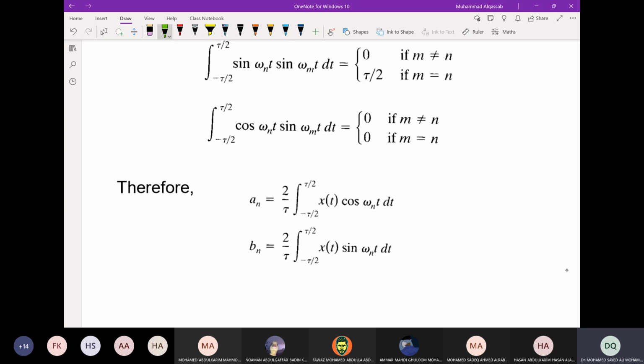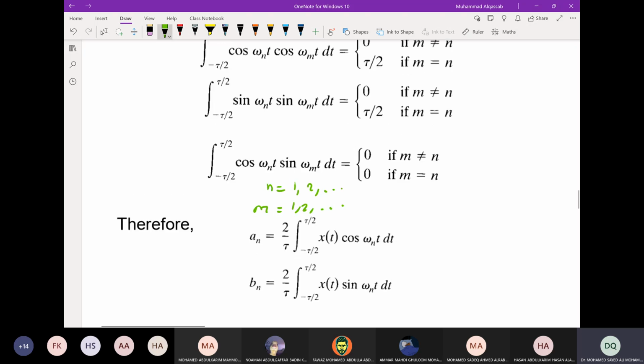Here it is shown from minus tau over 2 to tau over 2, or from 0 to tau, it is the same, as far as you are integrating over one period. And n and m are integers: n is 1, 2, and so on, m is also an integer, 1, 2, and so on. So whenever there is a term sine multiplied by cosine, it will cancel out.